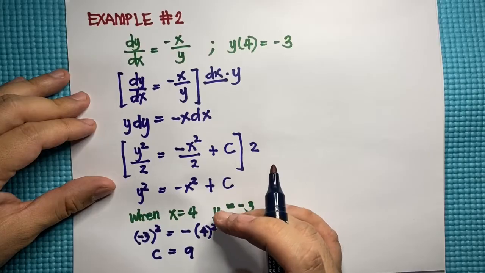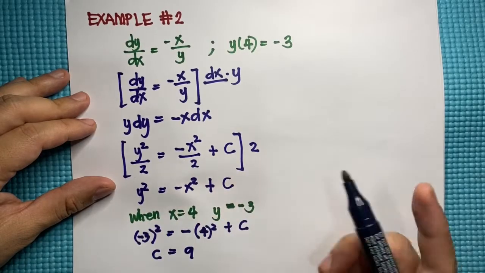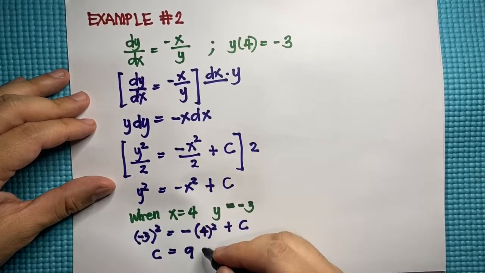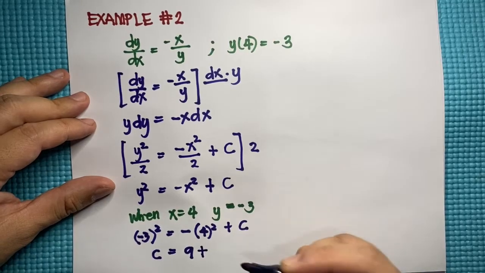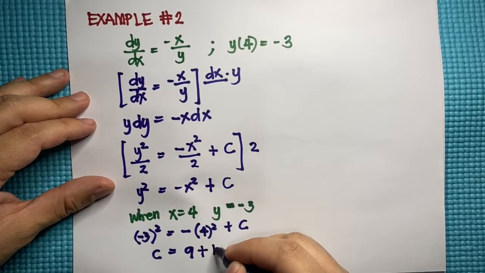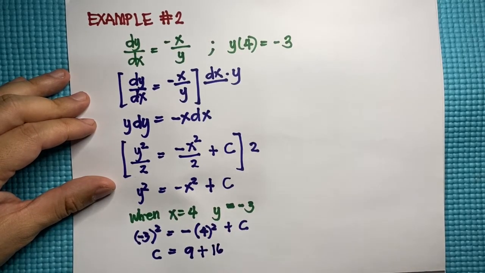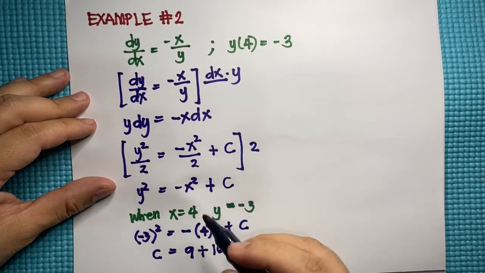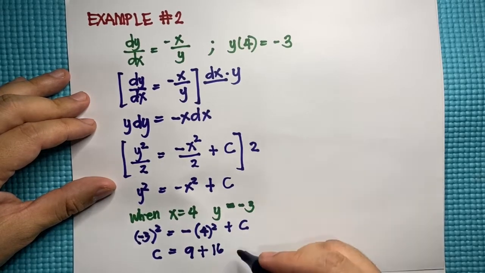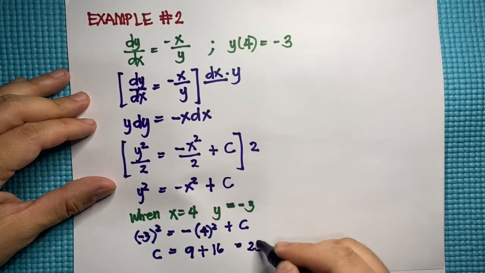However, if I am going to transpose it to the right side, giving us plus 16, making c equivalent to 25.